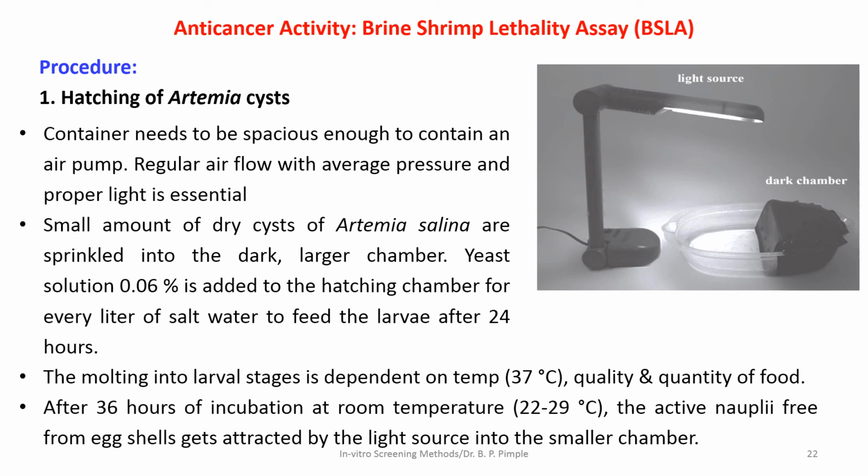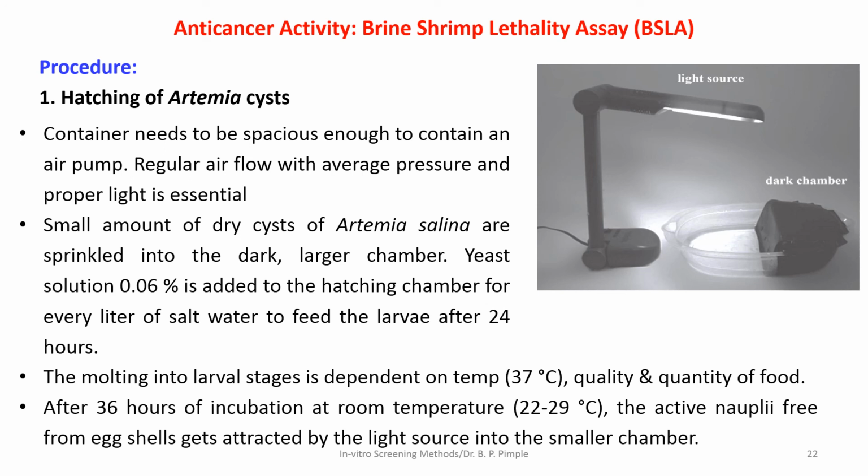The molting into the larval stage, that is the exact nauplii stage, depends upon the temperature. Generally, the temperature is around 37 degrees, plus the quality and quantity of the food. Food required for this brine shrimp is algal solution.